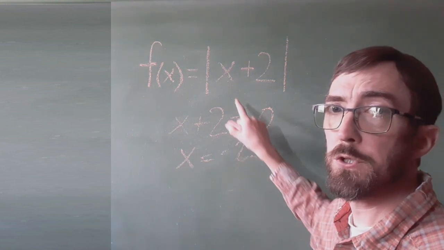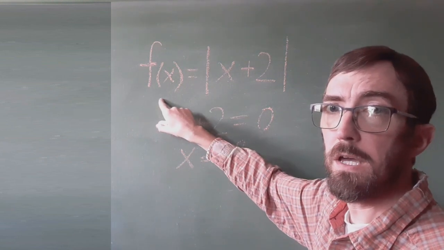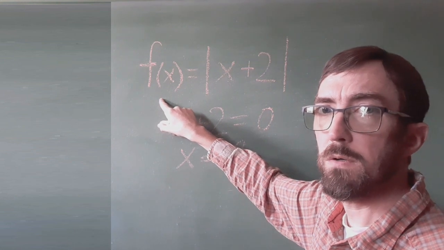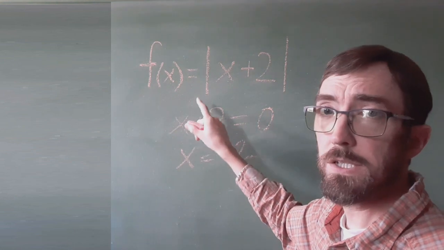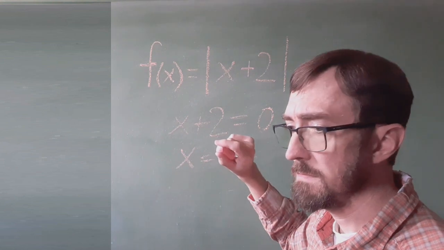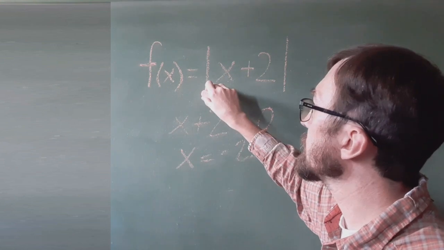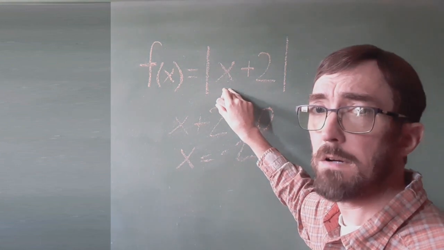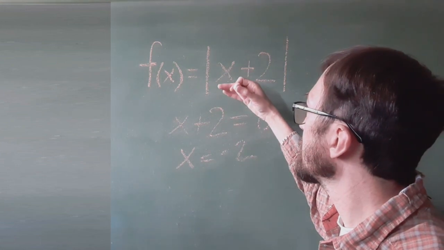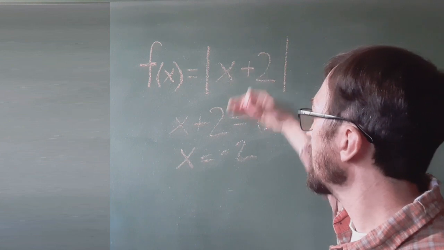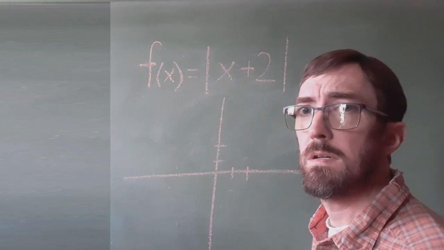When I plug -2 in for x, my f of x is going to be 0. So this is an x-intercept. And particularly, this is also the vertex of my graph, so we know that the graph sits on the x-axis.